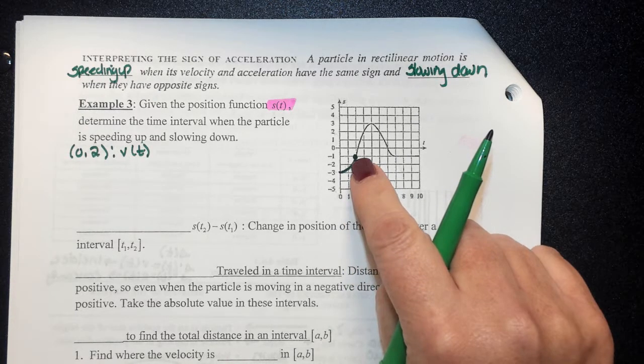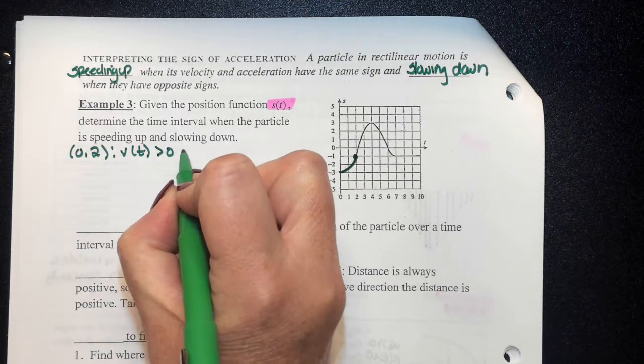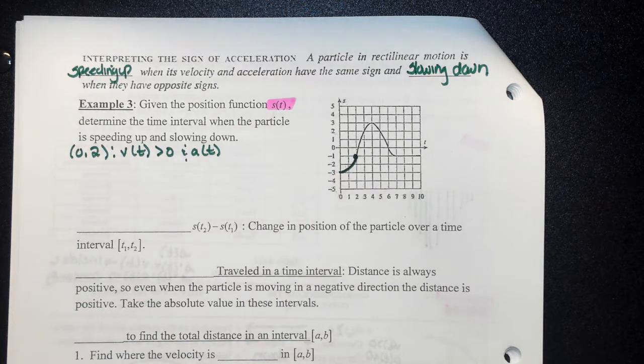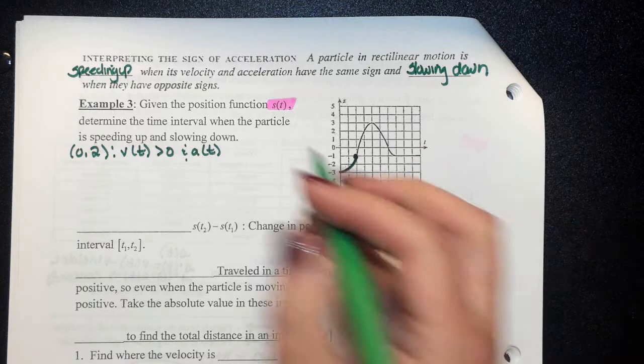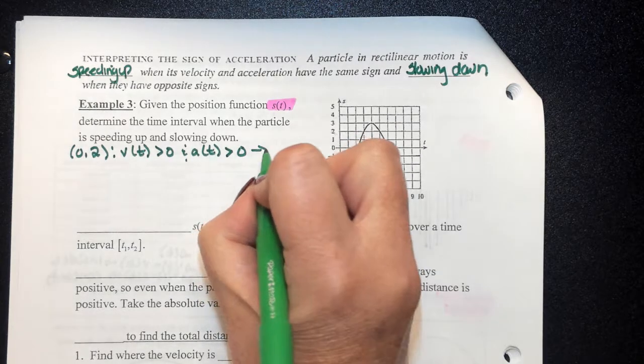Is it greater than 0 or less than 0? Greater than 0. Now let's look at the acceleration. Remember, for the acceleration, you're looking at the concavity. Are we concave up or concave down? Up. So my a of t is greater than 0. So then what's happening from 0 to 2? Is this object going to be speeding up, or is it going to be slowing down? Speeding up.